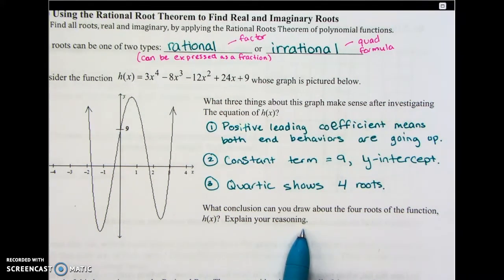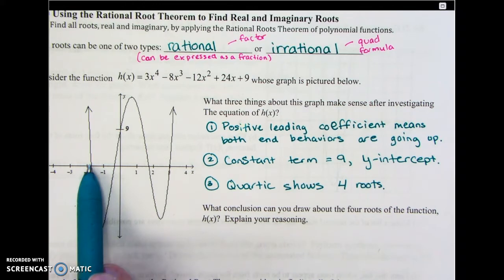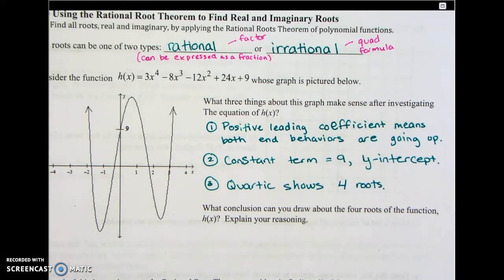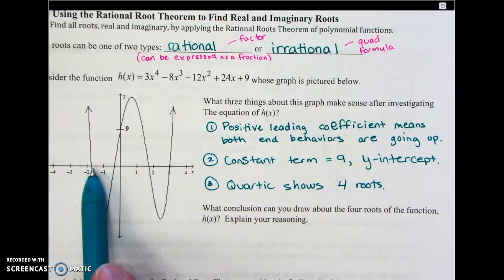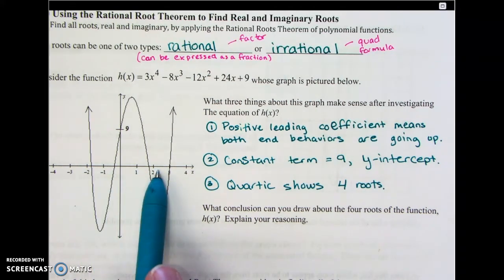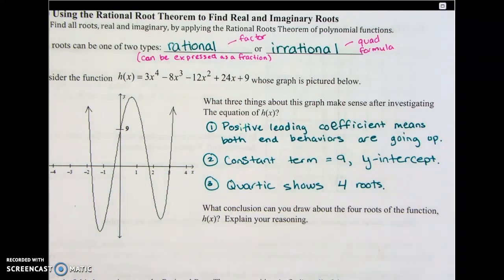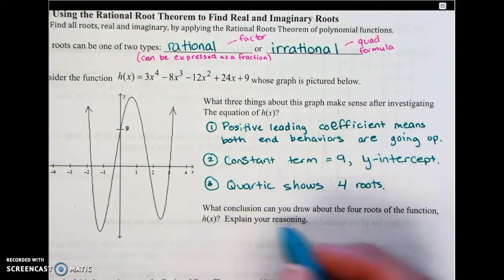Awesome. What conclusion can you draw about the 4 roots of the function h of x? Explain your reasoning. Well, we know they're real numbers. They actually exist. This one's 3. Are these whole numbers or are they going to be fractions? So what conclusion can we draw?